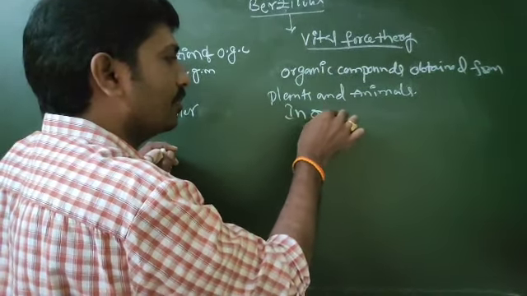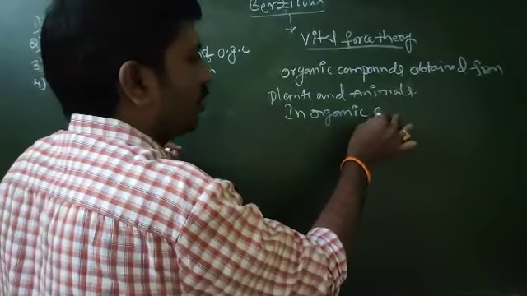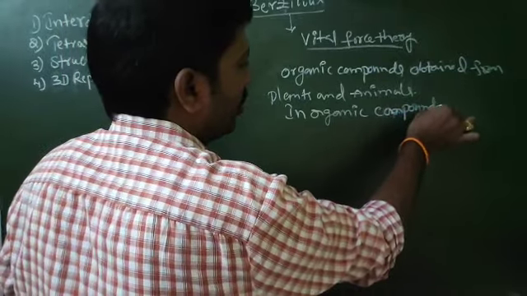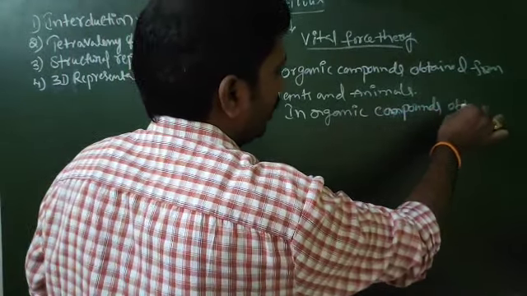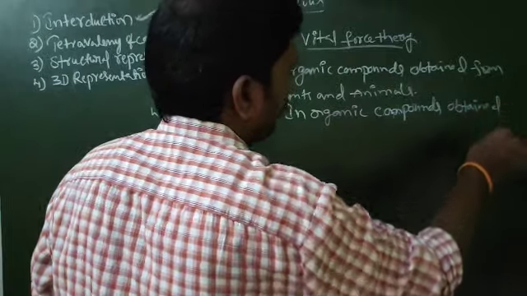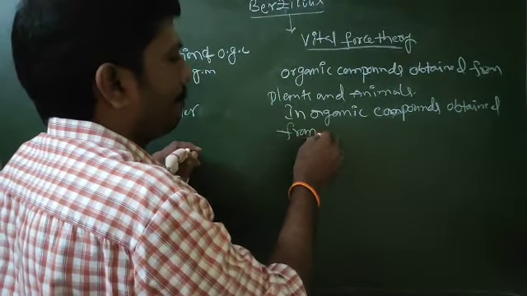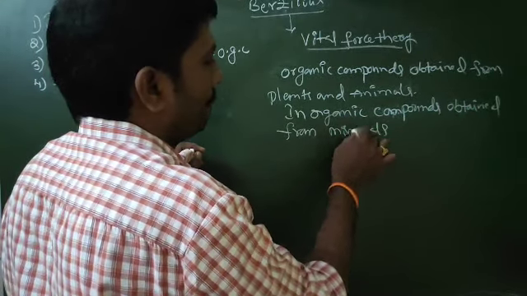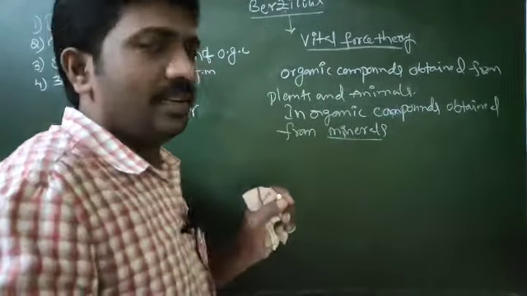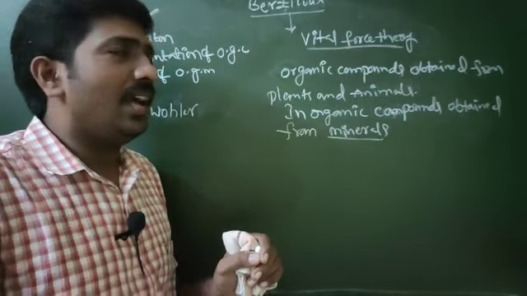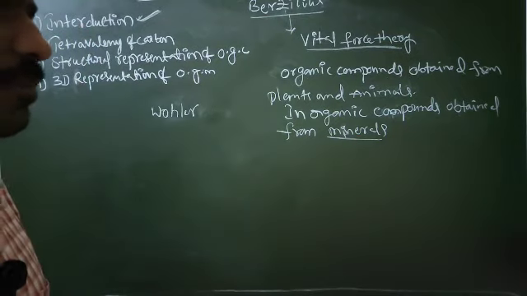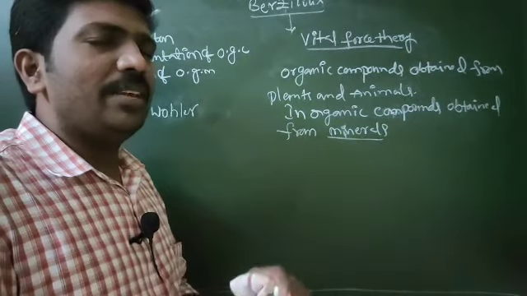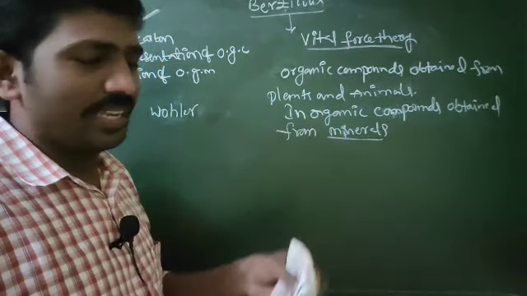Inorganic compounds are obtained from minerals. Inorganic compounds are obtained from minerals, organic compounds are obtained from plants and animals only. In the laboratory we can't prepare organic compounds by using any minerals, he said.